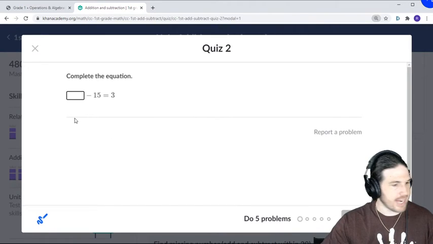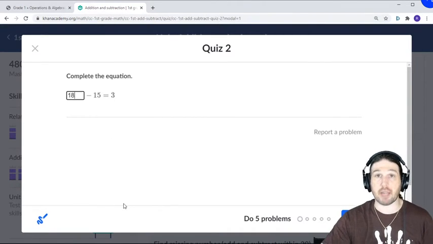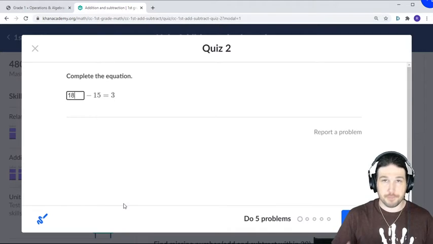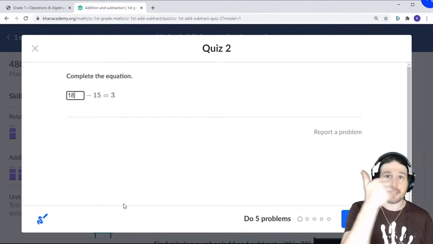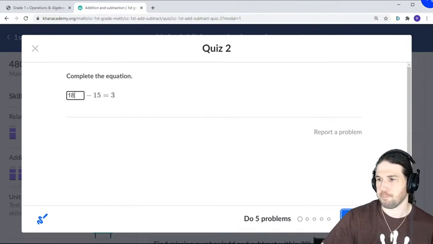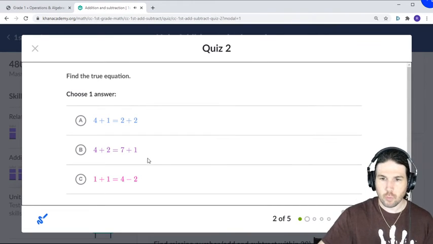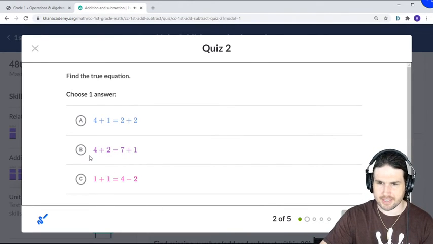Let's see. 18 minus 15 is 3 because 15 plus 3 is 15, 16, 17, 18. The true equation, let's see. 4, 5, 6. 1 plus 1 is 2. 4 minus 2 is 2.